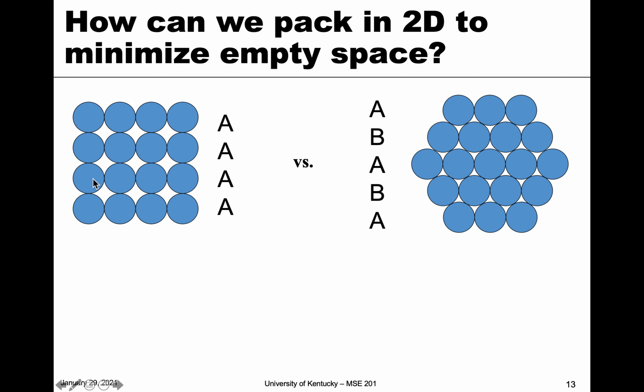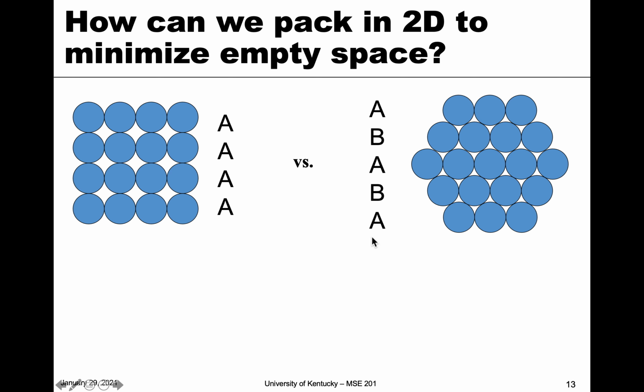So we have a circle here, another circle right on top of it, another circle on top of the second, and so forth, right? So that is the same sequence, so A. And so this packing is A, all the way up, right? And so, visually, you look at the empty space in between these circles, right?